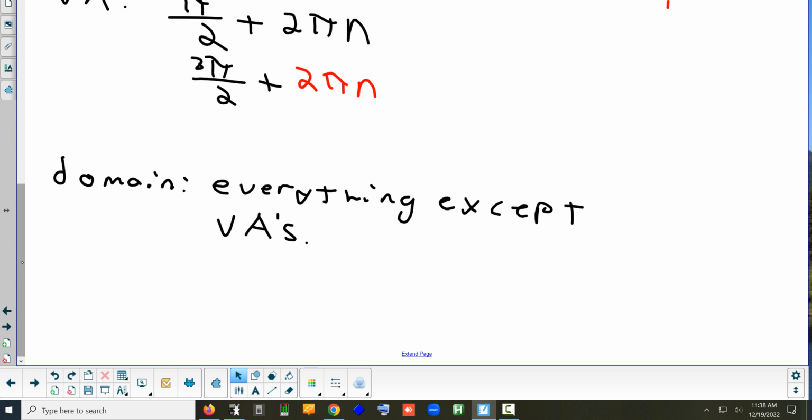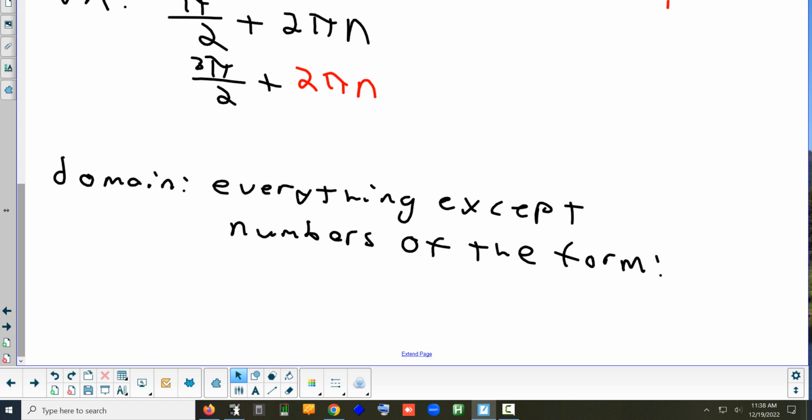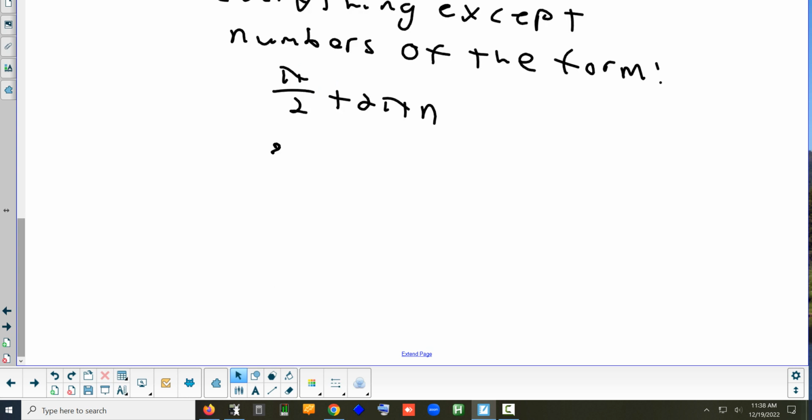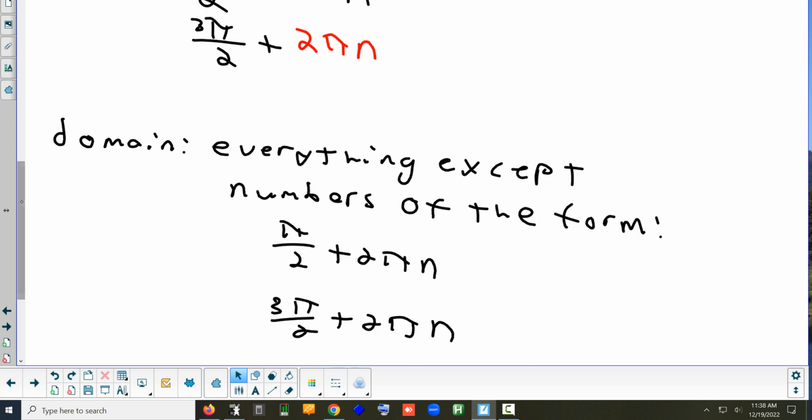You'd have to write everything except numbers of the form, and then write down these 2 formulas. Oh, I see. Pi over 2 plus 2 pi n, and 3 pi over 2 plus 2 pi n. So it's everything except these numbers.